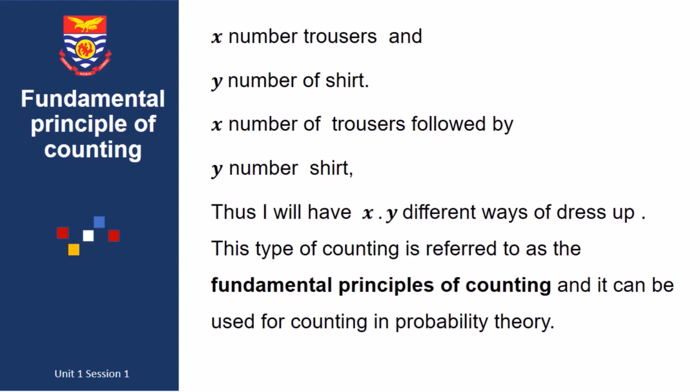So you realize that this type of counting, by combining one element with another one, is what we refer to as the fundamental principles of counting. And this principle can be used for counting in probability theory. Maybe we would like to take a concrete example to see.